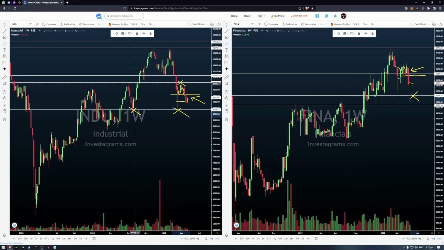Diba? In both scenarios, para manigate yung bearishness, we want price to come back and break above itong mga range highs nila. Dito may range high tayo at 9,830 sa industrial. And then dito naman sa FINA, meron tayong range high around 1,700. If either can trade back above yung mga range highs nila, then that would be a potential bullish signal.